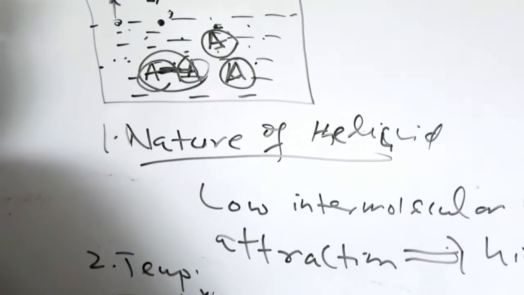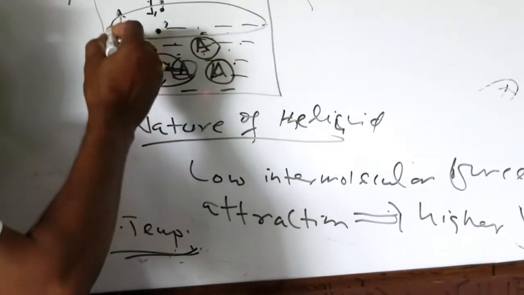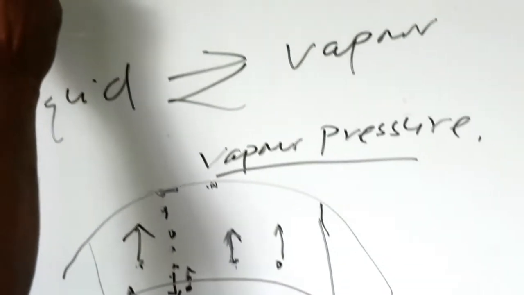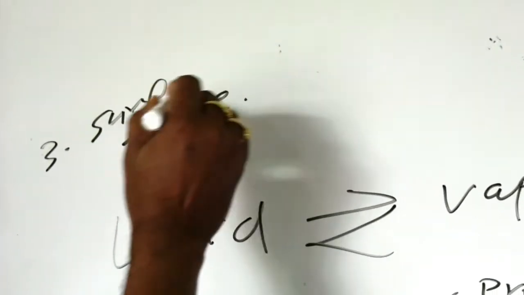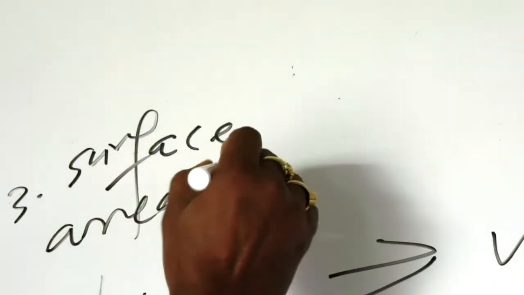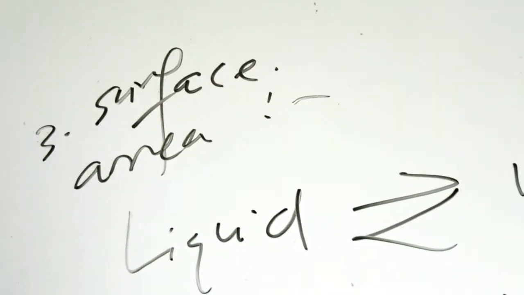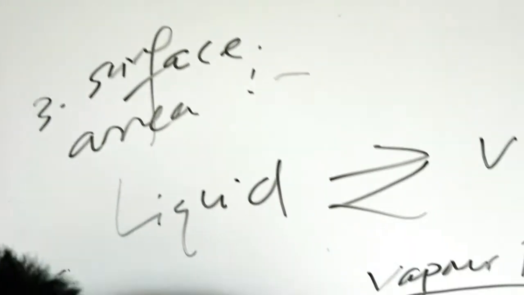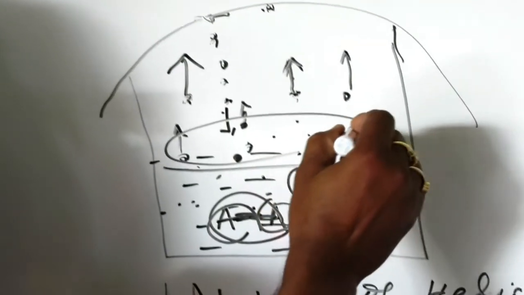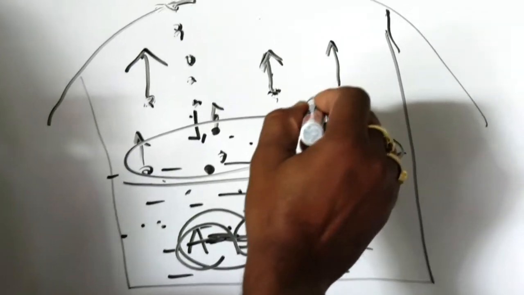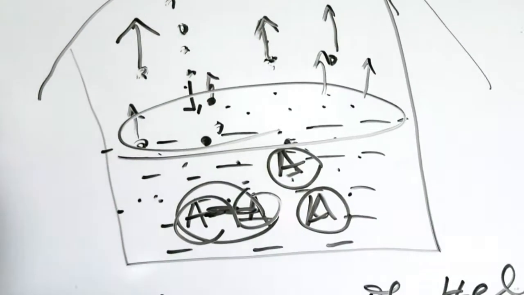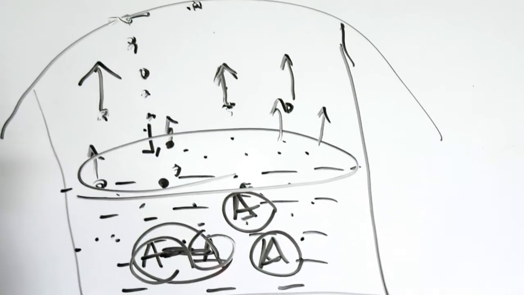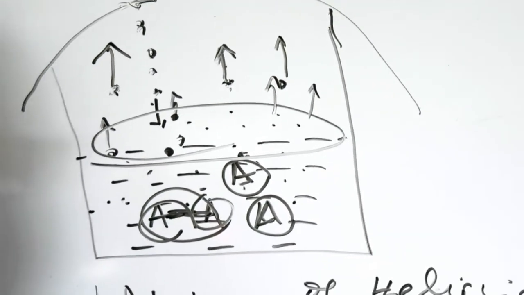Again, the surface area also plays a vital role, another factor which decides the evaporation. When the surface area becomes more, then more vapor molecules have a tendency to move out from the surface into the vapor state, and evaporation takes place easily, giving rise to higher vapor pressure.